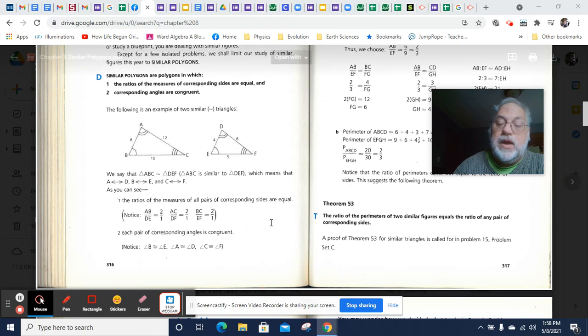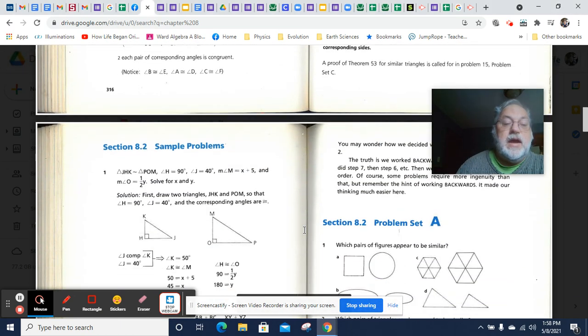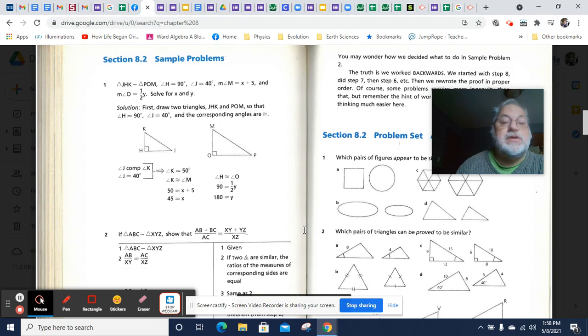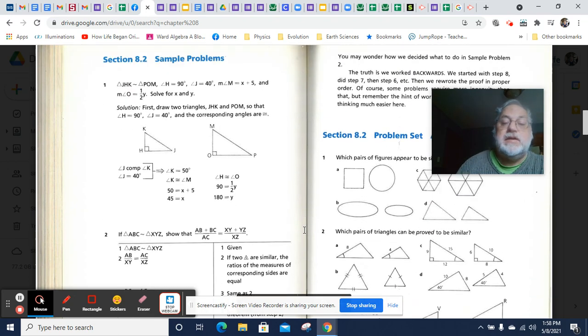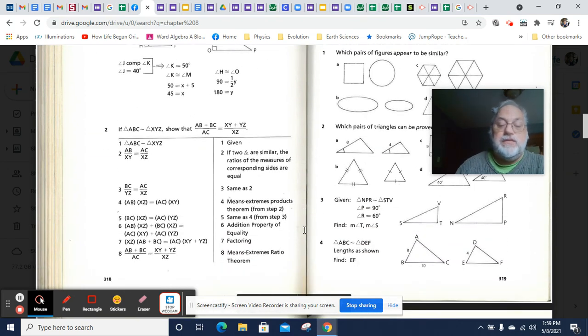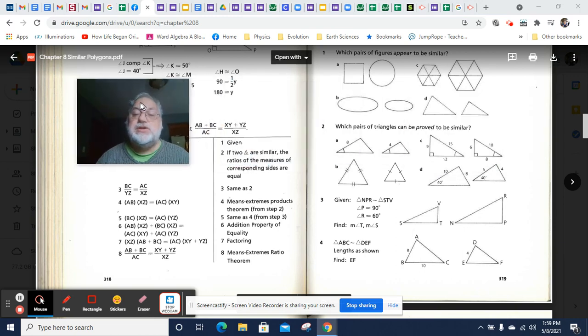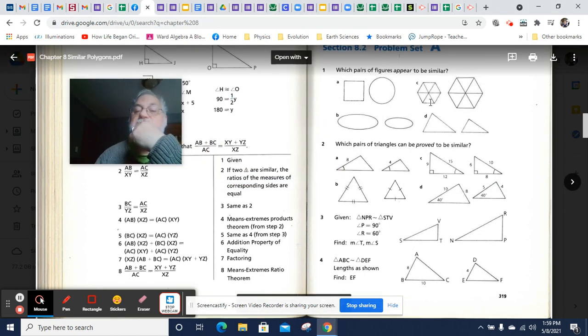There's a proof of Theorem 53 in the sample problems that you'll want to take a look at and see if you can make sense of it. But I'm only asking you to deal with a few questions. The first few are really just think questions. What do they appear to be? So which pairs of figures appear to be similar?